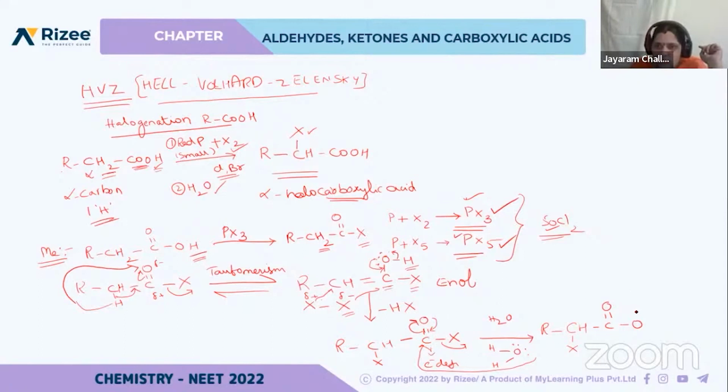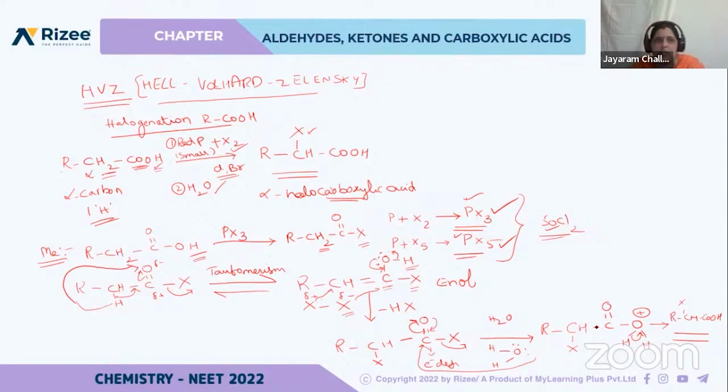Now H2O. Finally, this OH, this bond goes to satisfy the positive charge of oxygen, finally giving our alpha halo carboxylic acid.